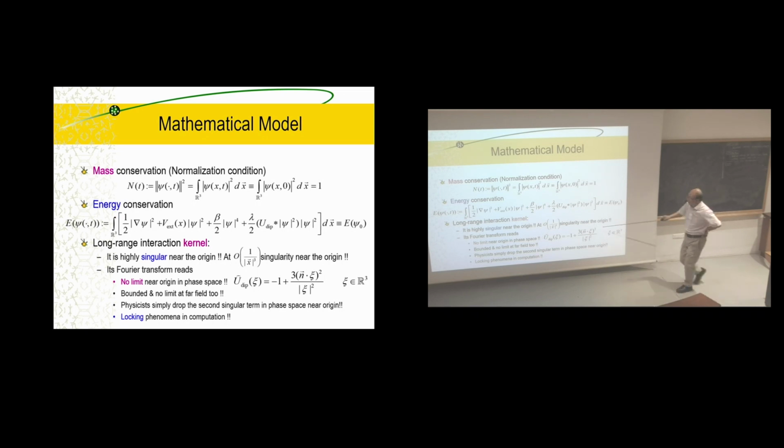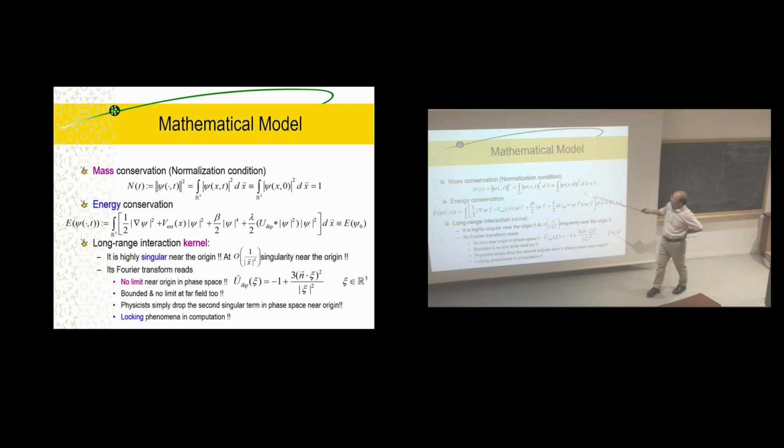You can see from this formulation that when xi goes to 0, this is a 0 over 0 type, but with no limit, because it depends on whether xi is parallel to n. If xi is orthogonal to n, this is either 1 or the other is 0. So this is no limit. Also, when xi goes to infinity, there is also no limit.